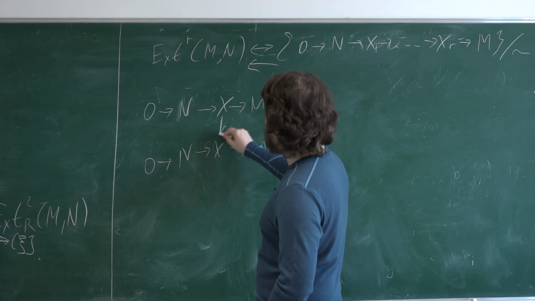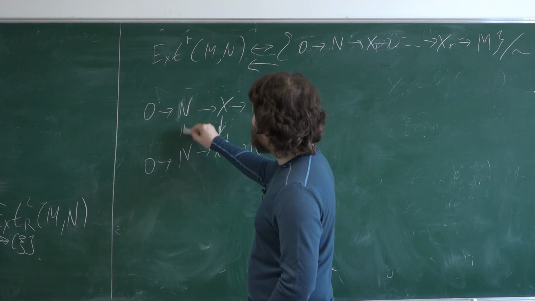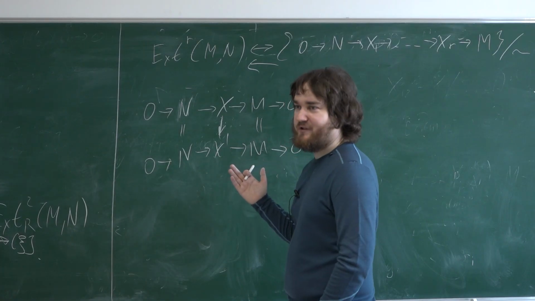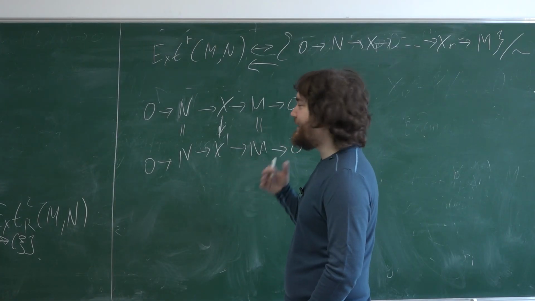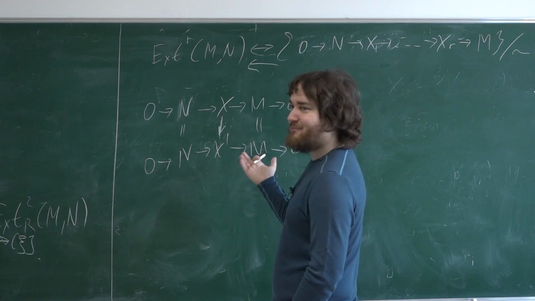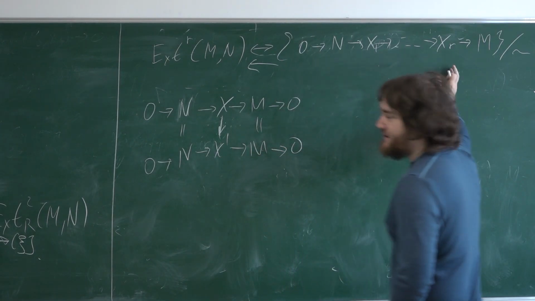Let there be a map from X to X' which is identical on N and identical on M. Then it's automatically an isomorphism. I said before that we consider isomorphisms, but in fact it's just a morphism, because by the 5 lemma, if it is identical on the ends, it must be an isomorphism. For general extensions, it's not true.